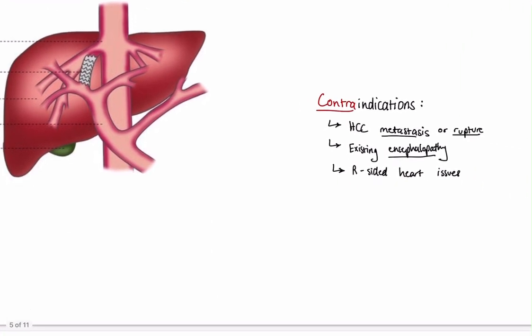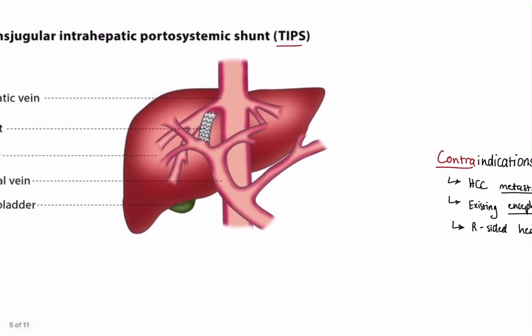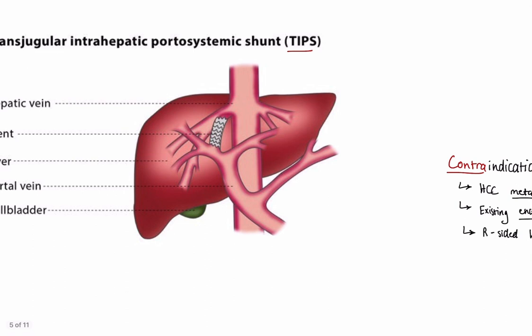Also, existing encephalopathy. One of the major concerns with TIPS is that it worsens hepatic encephalopathy, as bypassing the liver means that more of that ammonia would essentially not be converted to urea, and it would reach the brain blood supply.